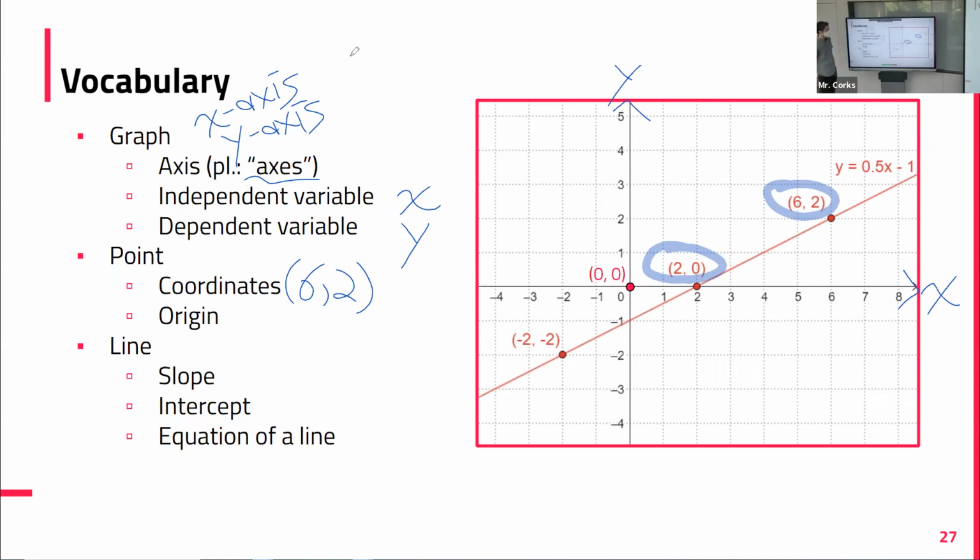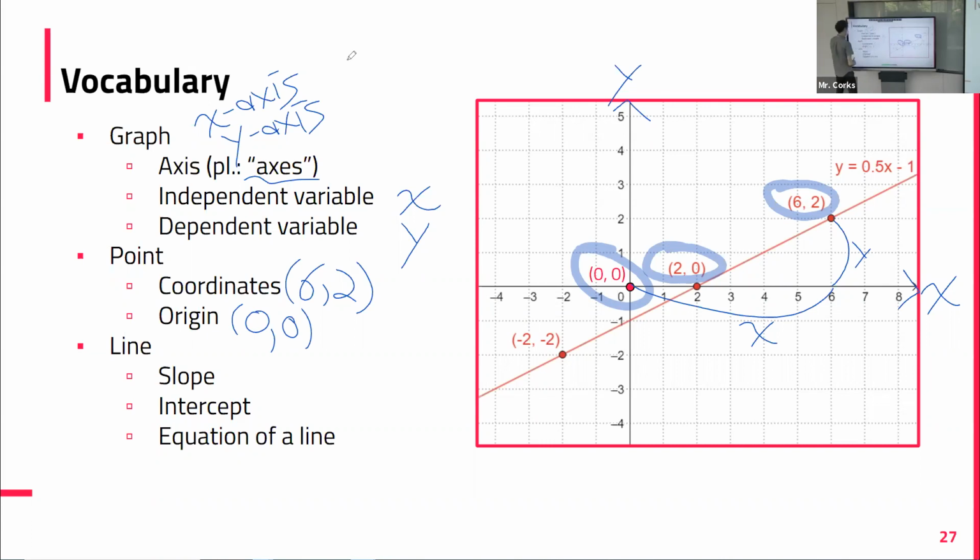What does the 6 represent? X. Okay. So the x value, because it's 6 steps over here, and then the y because up by 2. So that's the x, that's the y. All right, a special point here is the origin. So at point 0, 0, we talk about that a lot. We have a fancy name for it, the origin.